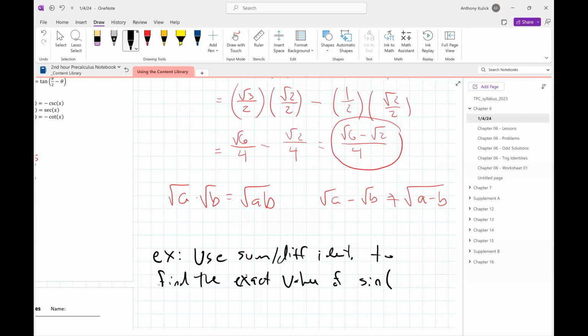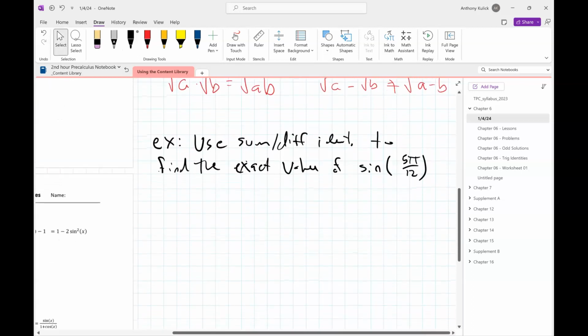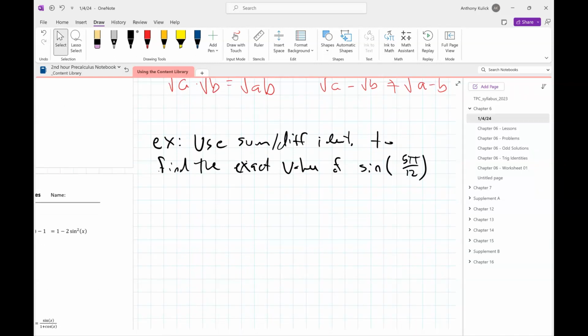Let's make this a little bit more complicated. Use the sum and difference identities to find the exact value of sine of 5 pi over 12. What's going to make this harder?